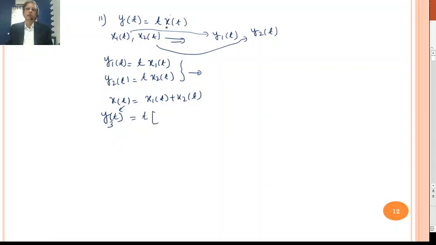Now substitute, instead of x of t, x1t plus x2t, and this equals t x1t plus t x2t.